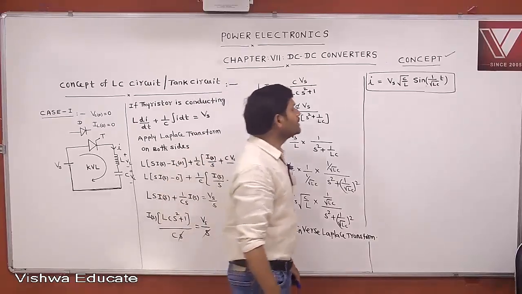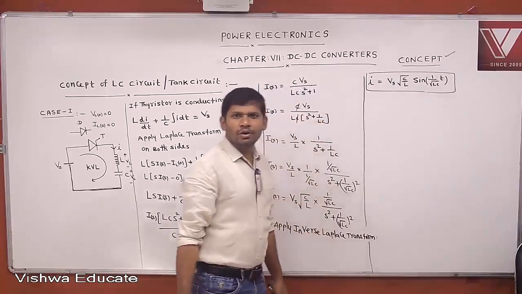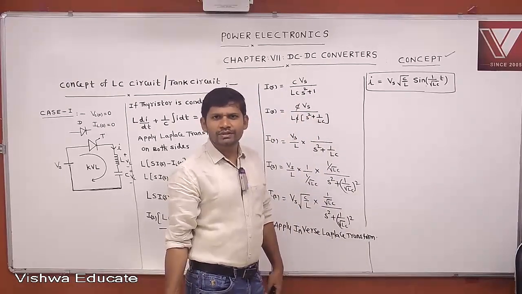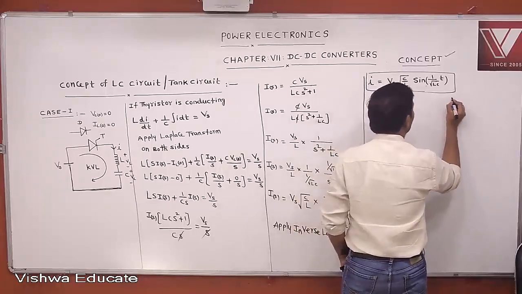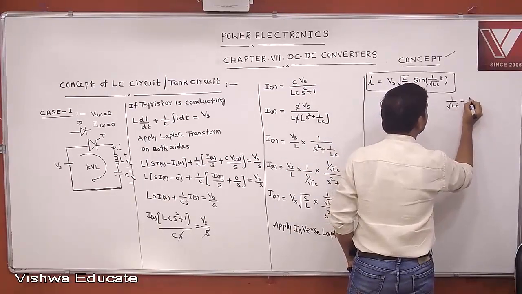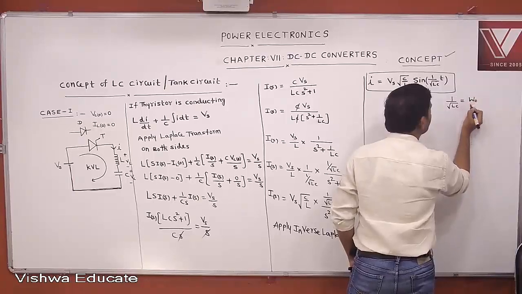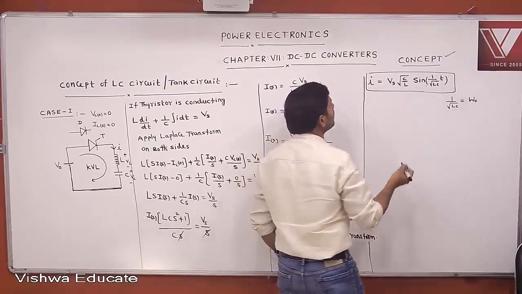Yes, it is an LC circuit now. At XL equal to XC, a resonance condition may exist, but generally 1 by root LC is the resonating frequency. I am writing it as angular frequency: 1 by root LC equal to omega naught. Then how can we write?